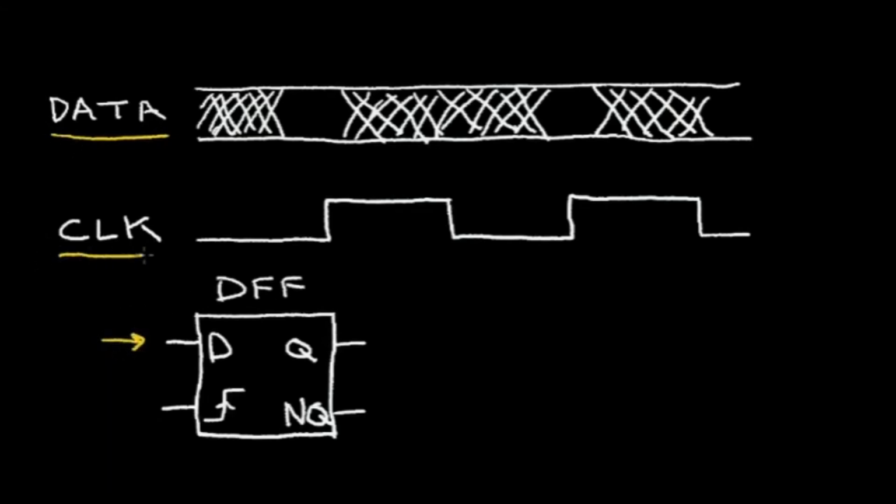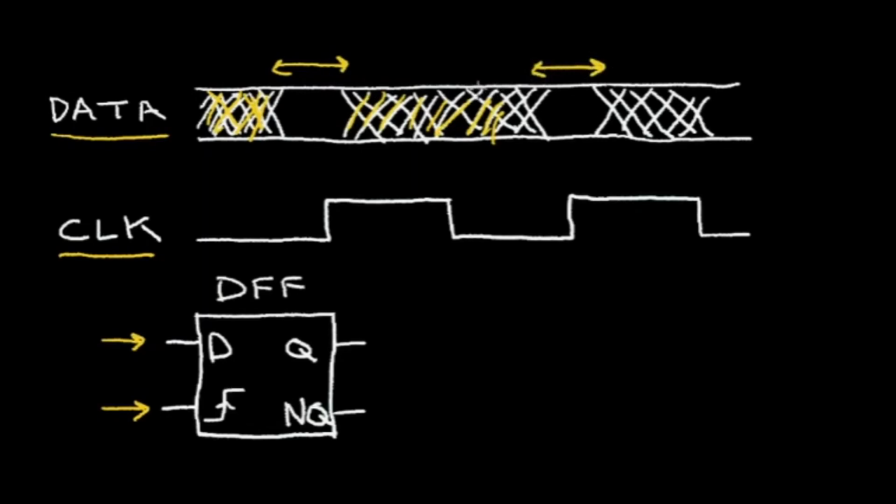And this clock signal is this input. And notice that my data signal can be changing during this time. And then there's a stable period here. And again, the data can be changing. And then I have another stable period for the data.